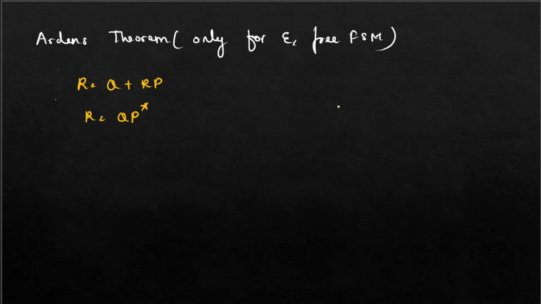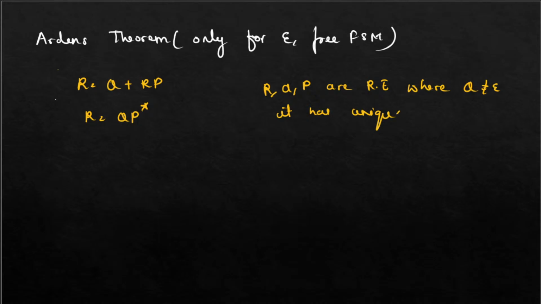Here R, Q, P are regular expressions where Q is not equal to epsilon, and it has a unique solution where R is equal to QP star.